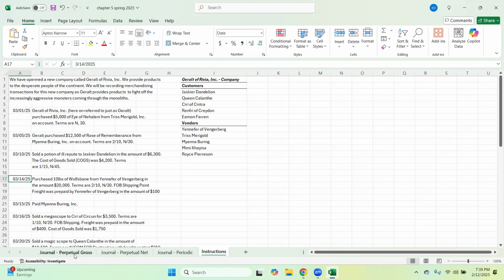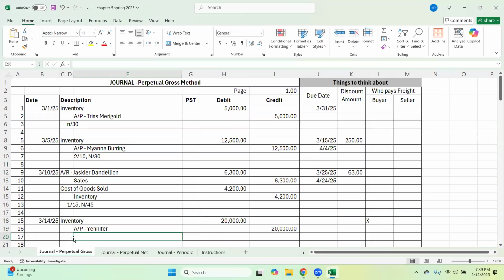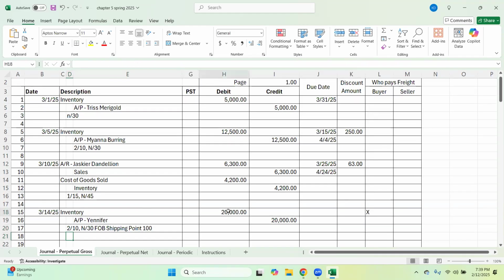Okay. I'm going to have to change some things, so just hang on a second. FOB shipping point. And my cost is $100. Okay. So I've got all my description in there. So actually, guess what that's going to be? Okay. It's because we're in charge of, we have to pay for the freight.